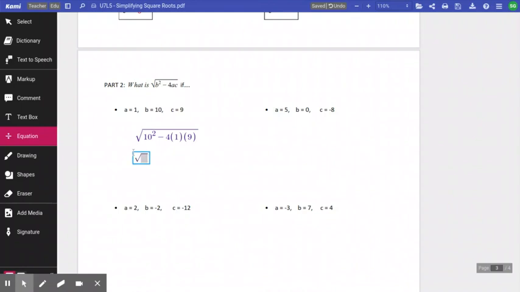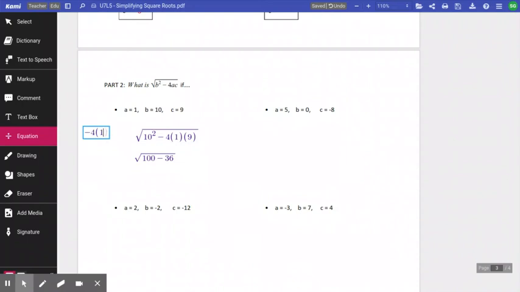And then all that's left is doing some fun math. So we've got the square root of 10 squared. Well, 10 squared equals 10 times 10, which is 100. Then minus 4 times 1 is 4, and then times 9 is 36. So we get the square root of 100 minus 36. You can break this up into parts if you want, that multiplication.